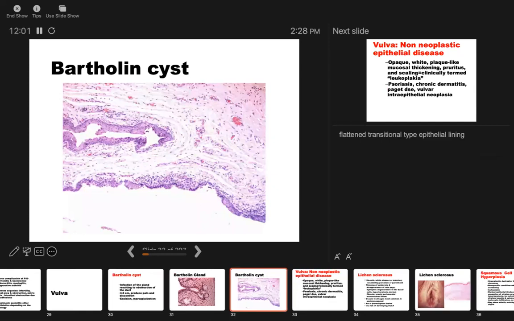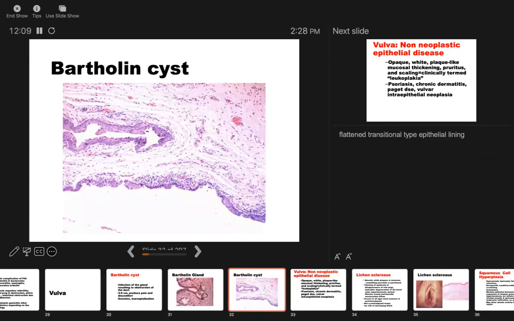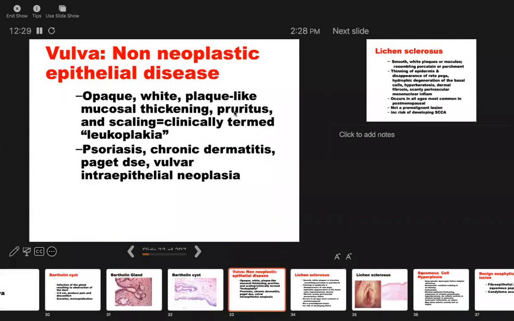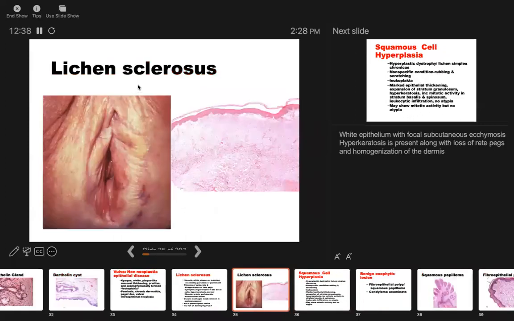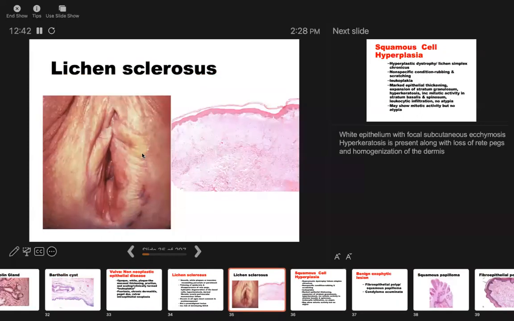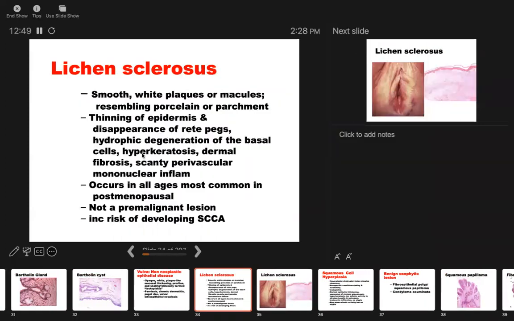To differentiate the two, a biopsy is performed. You take sections from the whitish area, and it is very easily distinguishable. Why? You start with the epidermis. In lichen sclerosus, the characteristic feature would be marked thinning of the epidermis. On the other hand, with squamous cell hyperplasia, from the term itself, you will expect that the epithelium is this time thickened.